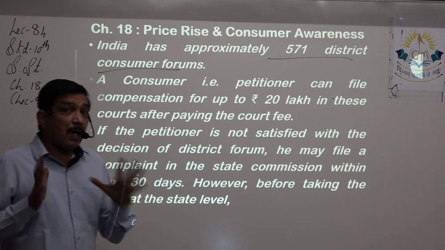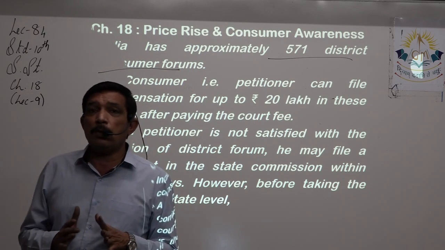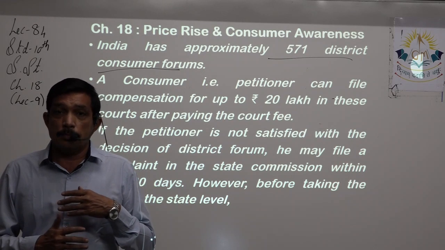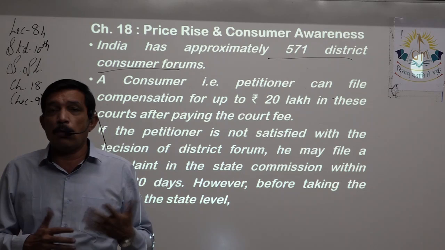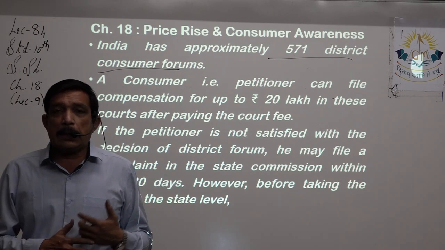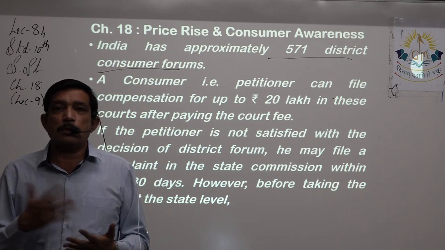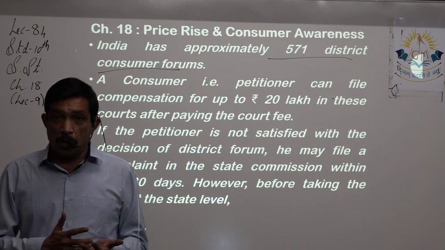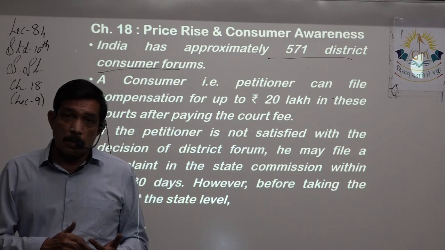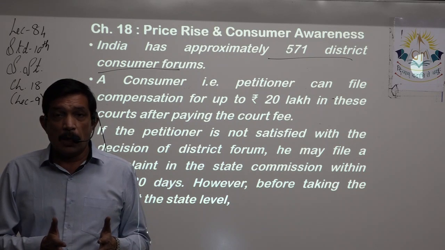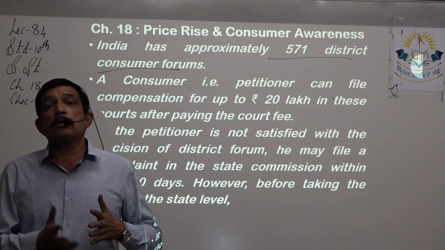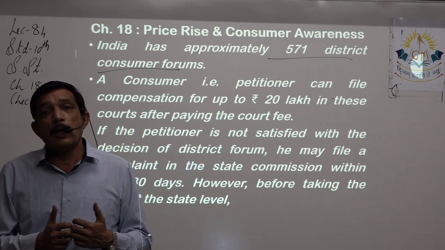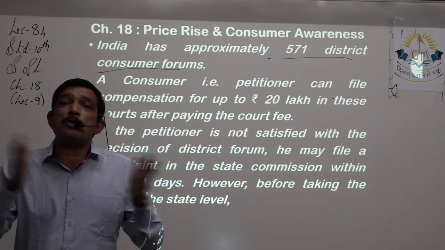Now, which forum handles a case depends upon the amount at question. Suppose I have bought a refrigerator. That amount can vary from 20,000 to 30,000 or 40,000 depending upon the type of refrigerator. But suppose a hotel has bought 30 or 40 or 50 refrigerators together, then the amount is quite big.